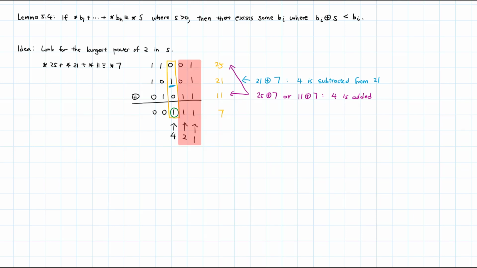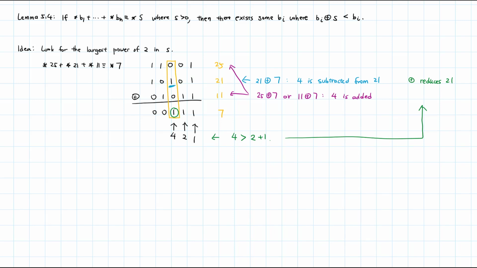Now what about the rest of the terms, the 2 and the 1? Well, we see that 4 is greater than 2 + 1. So if we look at 21 + 7, we see that 4 is subtracted from 21, but the remaining terms add at most 3 to this number. So overall, 21 + 7 will be less than 21.